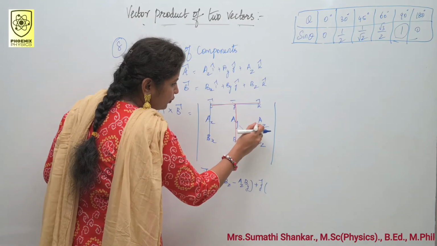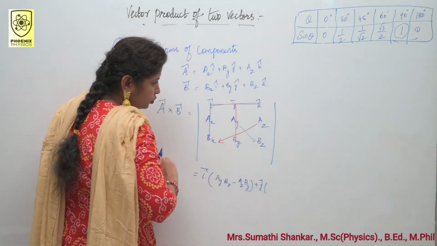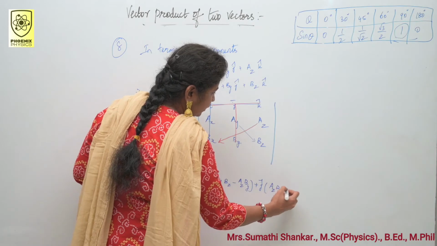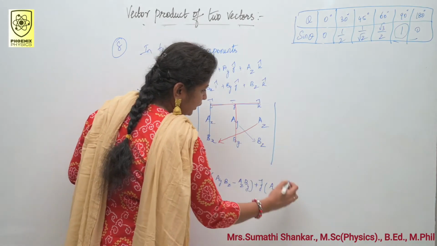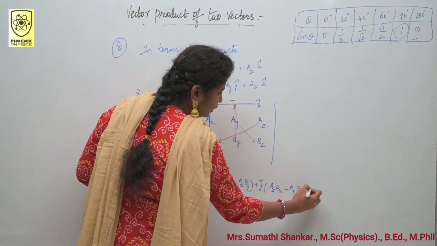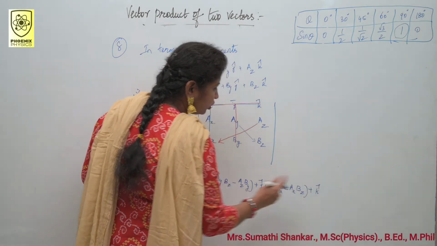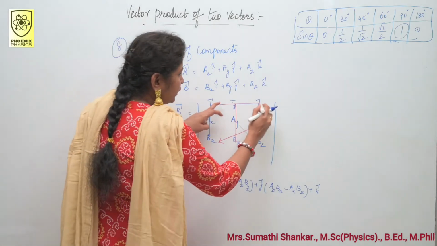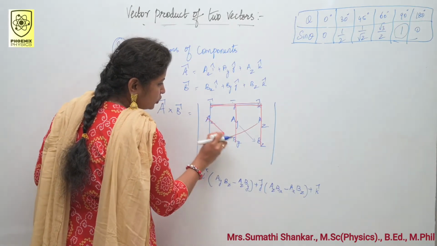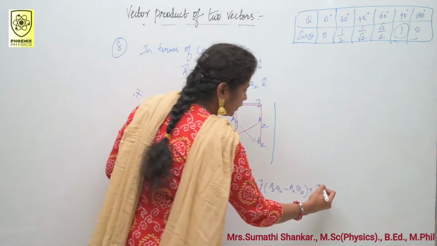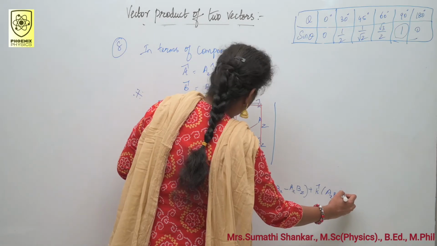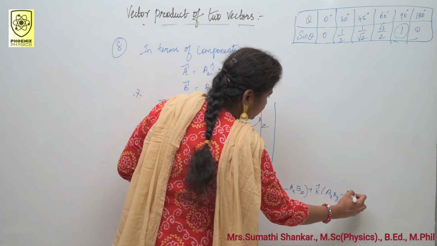First you multiply these two, that is Az Bx minus Ax Bz, plus the k component. How do you write the k component? Leave this column and row. Just multiply these two, that is Ax By minus Ay Bx.